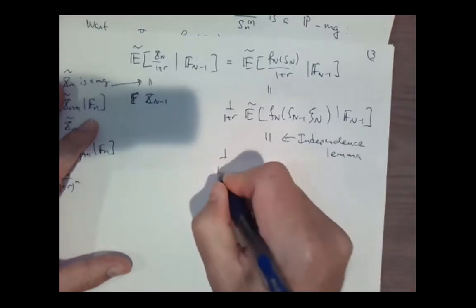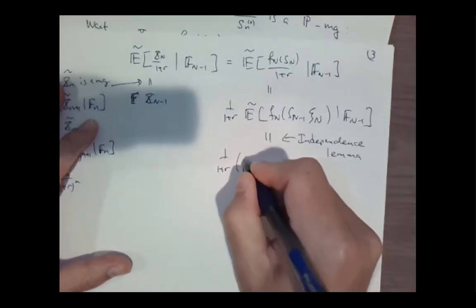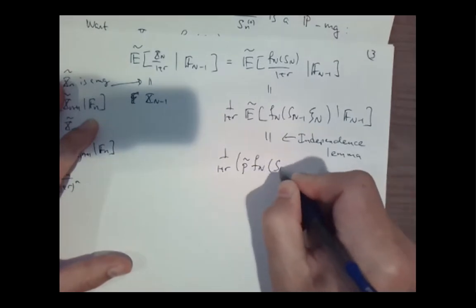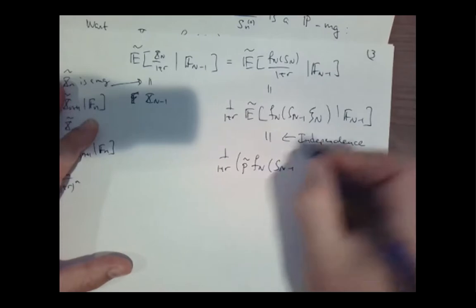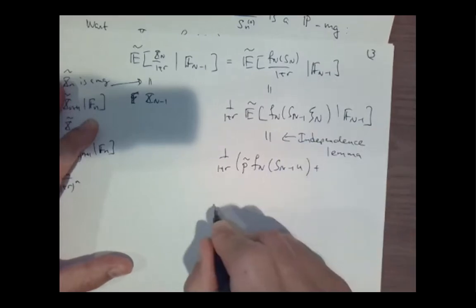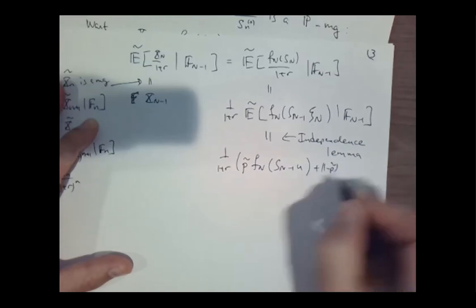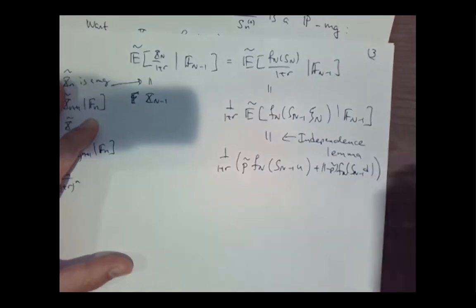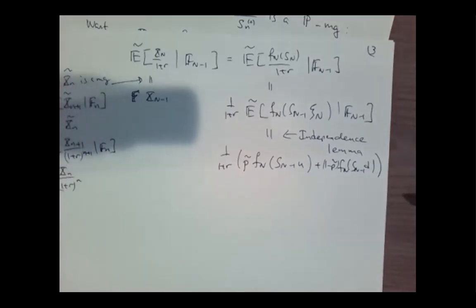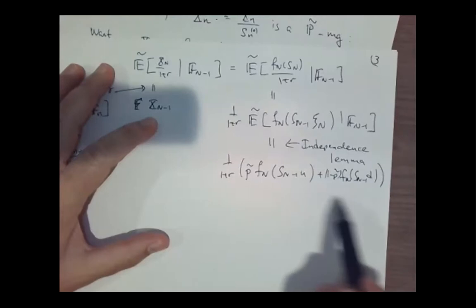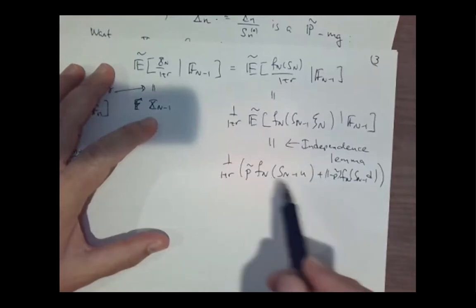I will get 1 over 1 plus r. I'll get p tilde, and I'll have Fn here, Sn minus 1. The coin flip is going to be u with probability p tilde. So I'll put that in, 1 minus p tilde over here, Fn Sn minus 1, and then a d. So my wealth at time n minus 1 is given in terms of this function here of Sn minus 1. Right?